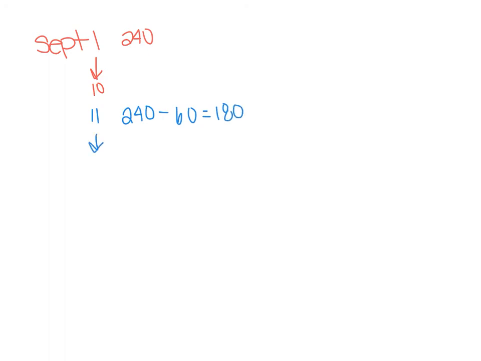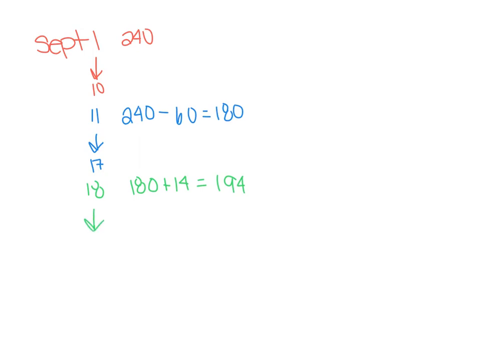And from the 11th until the 17th, it is $180, because on the 18th there is an iTunes charge of $14. So on the 18th, 180 plus 14. So that balance is going to be 194.